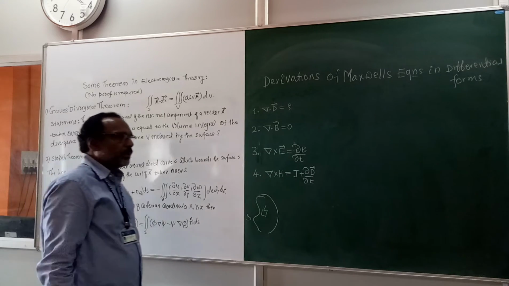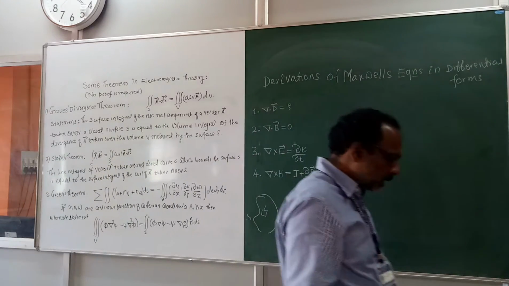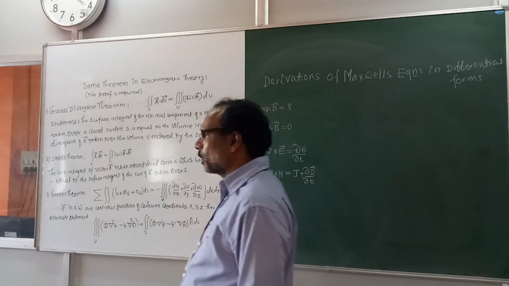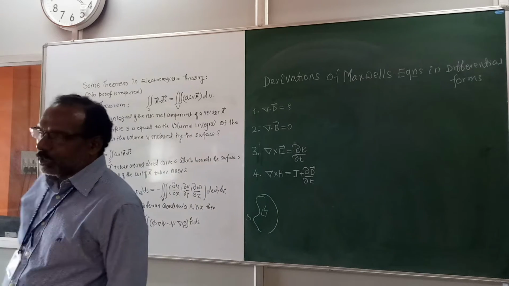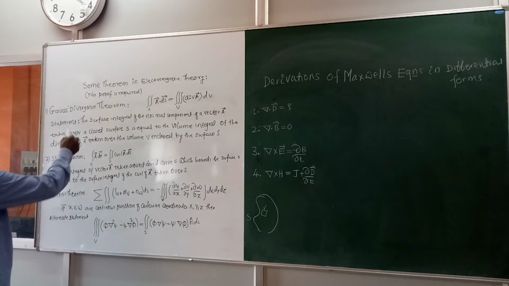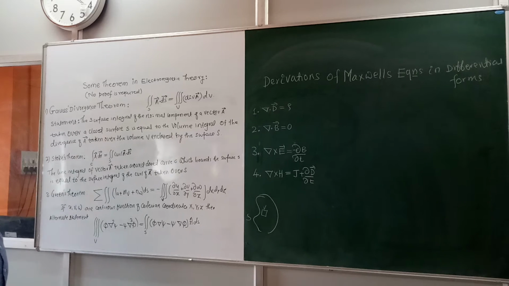No proof is required here. There is a lengthy proof, and if you want, you can find it in any book on vector calculus or mathematical physics, where they have mentioned its proof.